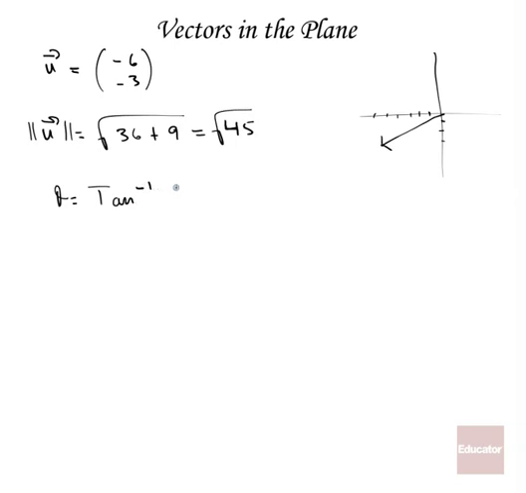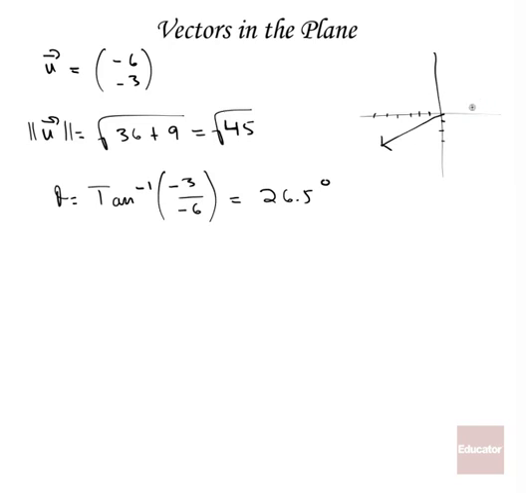The inverse tangent, and I apologize, I'm a little older, so I was actually taught arctangent, but inverse tangent is fine. Y over x, -3 over -6. When you enter this into a calculator, here's what you're going to get: 26.5 degrees.